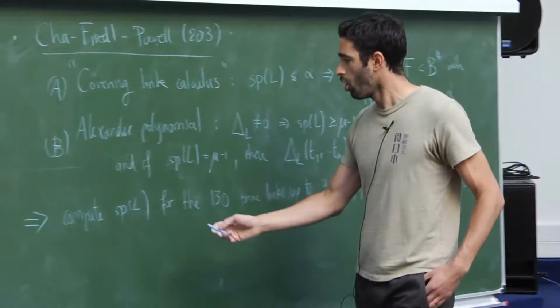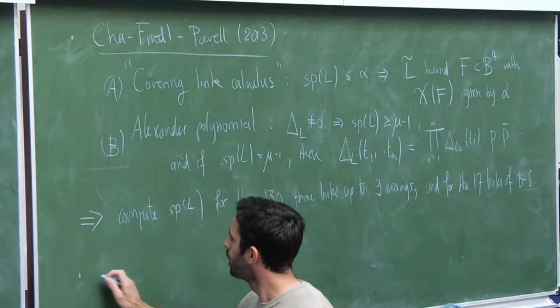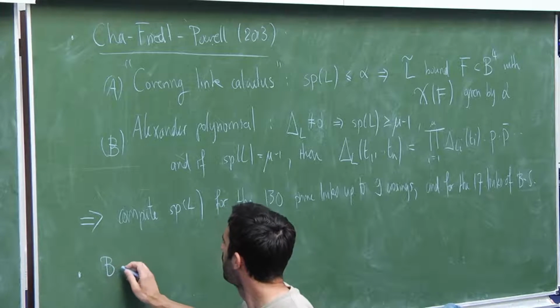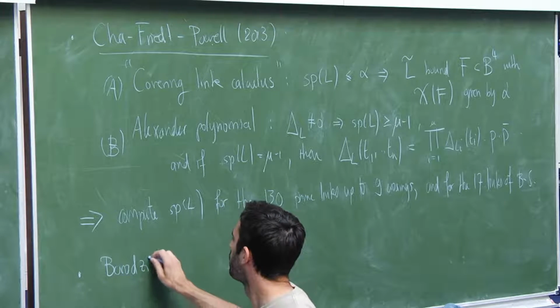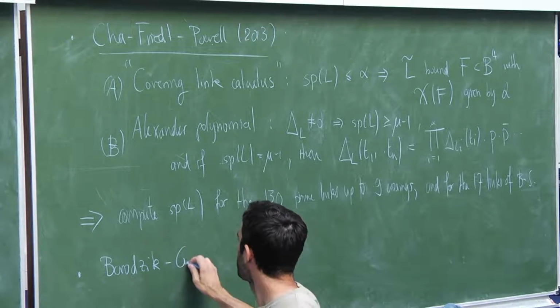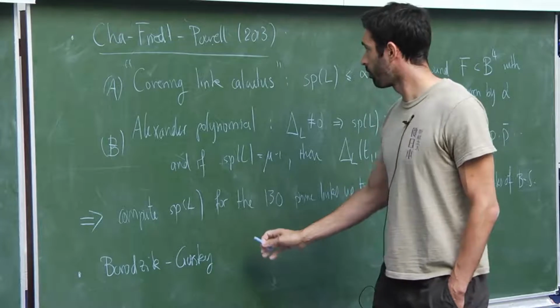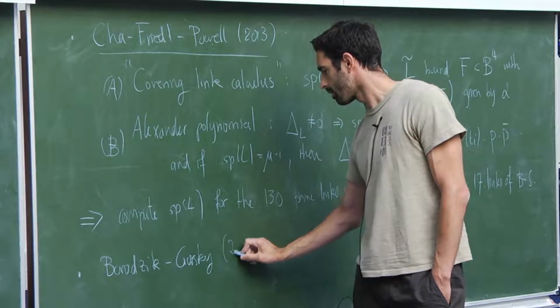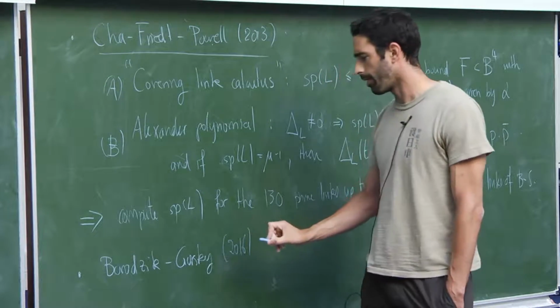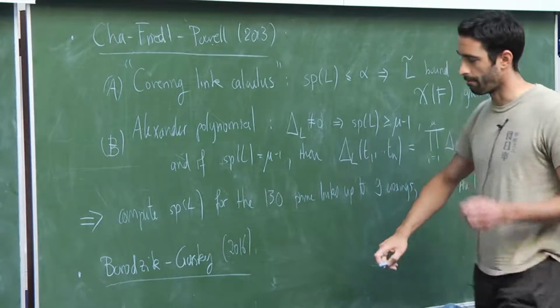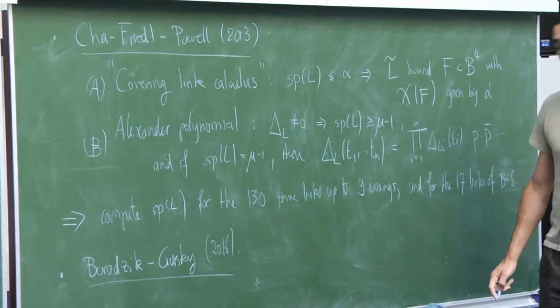Okay. And then there is one last paper I want to quote, by Borodzik and Gorski, who's also sitting here in the room. This was very recent, in January, I think. They posted a preprint on the arXiv.